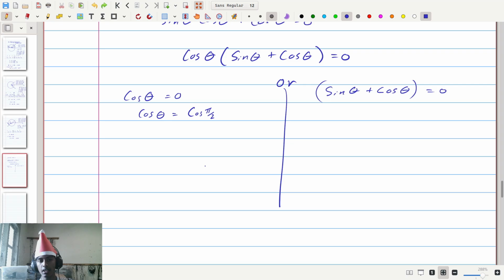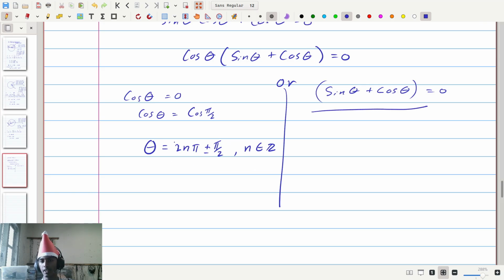Here we have theta, here we have pi by 2. So therefore the possible solutions are that theta is equal to 2 n pi plus or minus this angle, which is pi by 2. So here we have this, for n being in the integers. These are all the possible solutions that we get when we set cos theta being equal to 0. This is one of the possible cases that could happen.